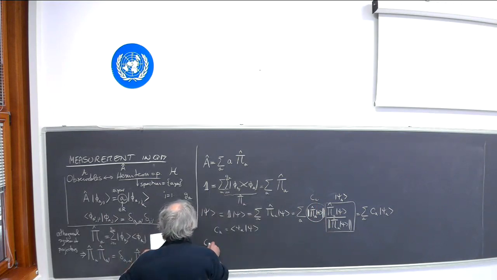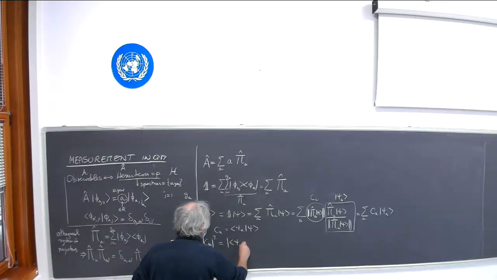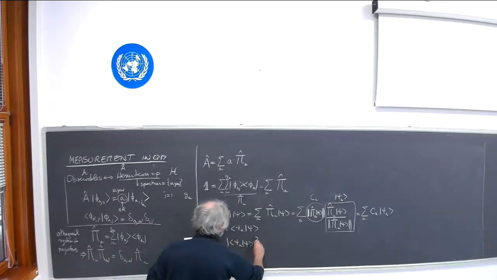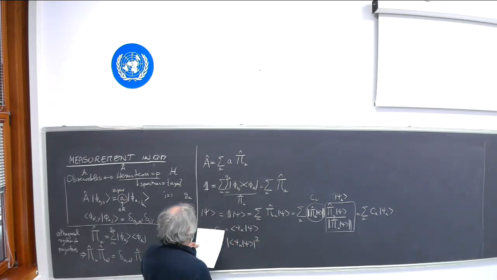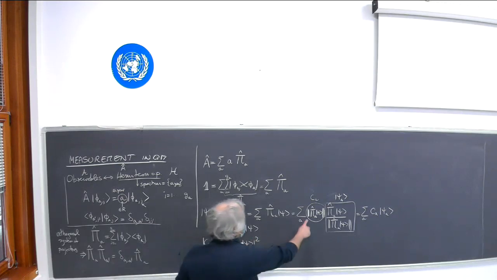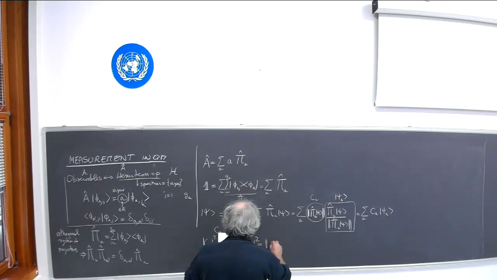Let's calculate C A modulus squared, because it will be an extremely important one. It is equal to the modulus square of this object. I can write it in several ways. For instance, I can write it also as the modulus square, the length square, of pi A psi.